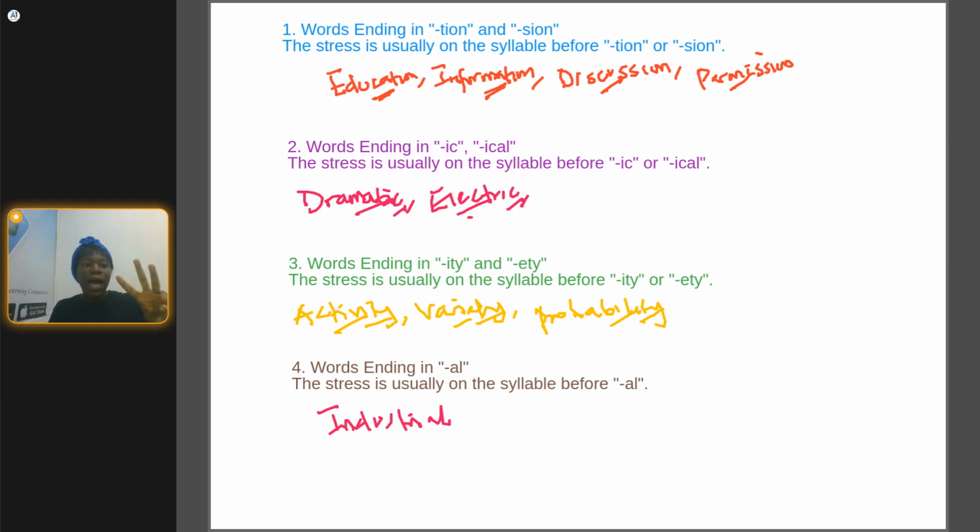It has four syllables, and the last syllable is al. So the second to the last syllable carries the stress. Industrial, that means that TRI is carrying the stress. Then we move to rule number 5. Wiping off the board now.